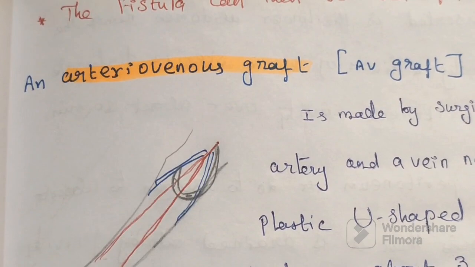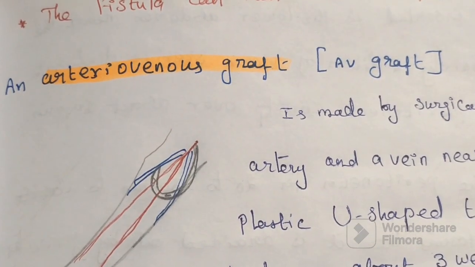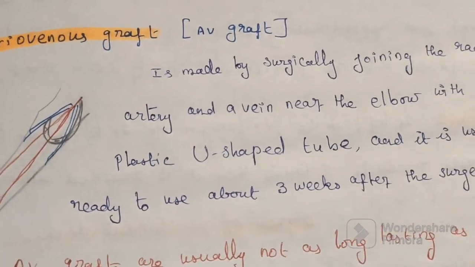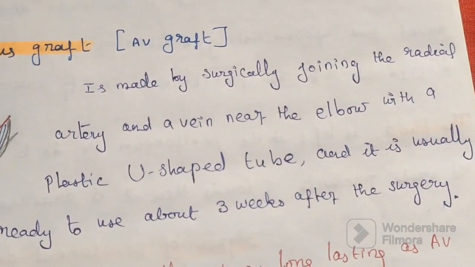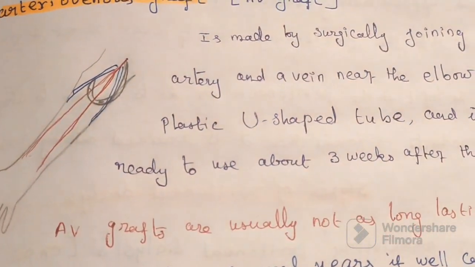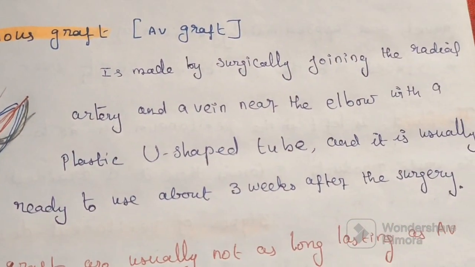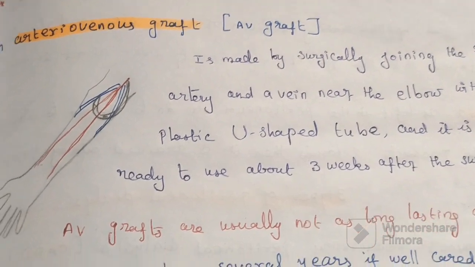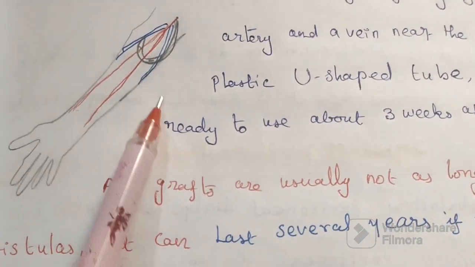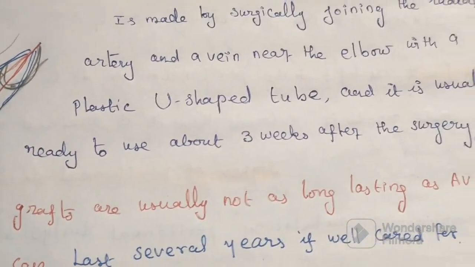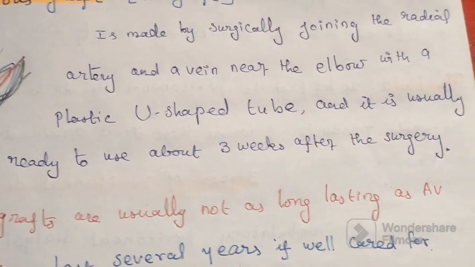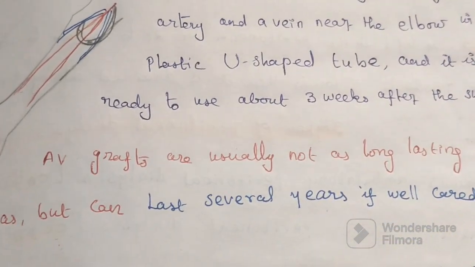An arteriovenous graft, AV graft, is made by surgically joining the radial artery and a vein near the elbow with a plastic U-shaped tube. It is usually ready to use about 3 weeks after the surgery.